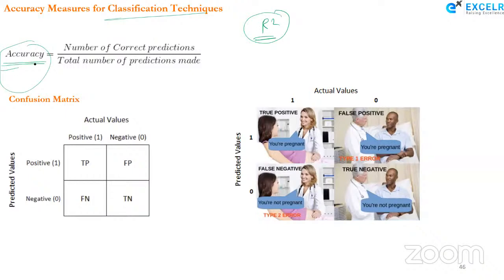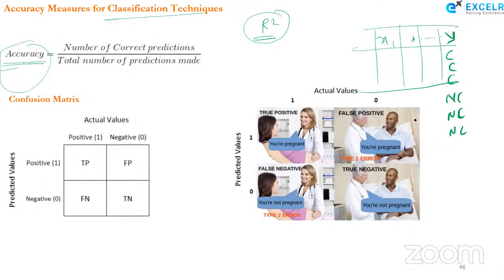We can go for accuracy only when, let us say we have these features, X1, X2, X3, and so on, and this is the target variable. Let us say cancer, cancer, cancer, no cancer, no cancer, no cancer.